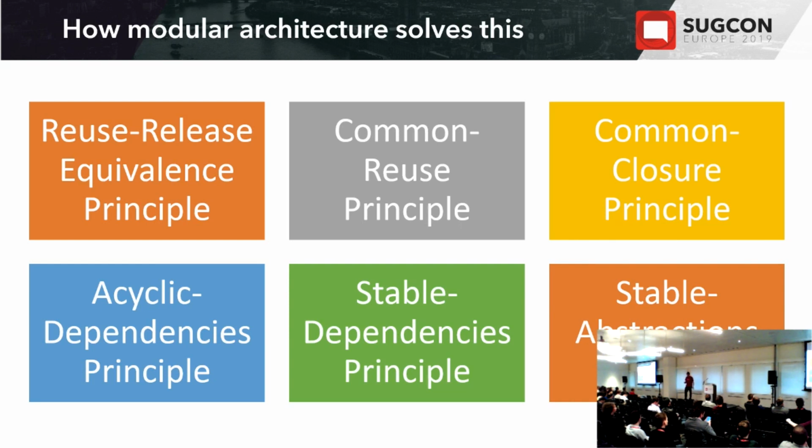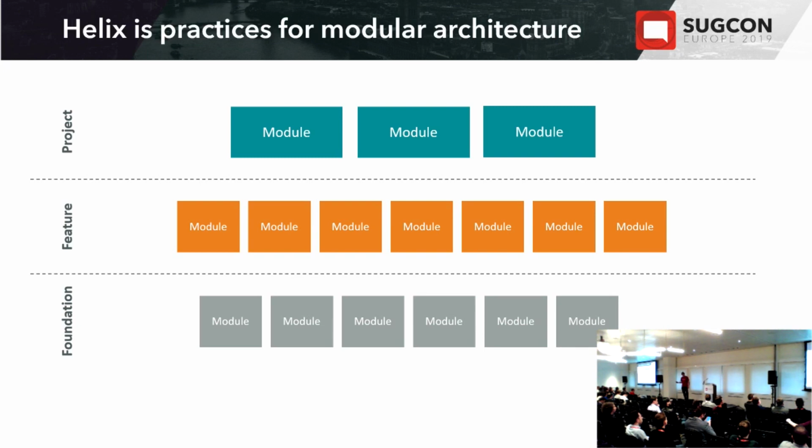I'm not going to go into these in detail right now, but we'll talk more about the principles behind Helix and the importance of them as we go here. But ultimately, Helix itself are practices that try to implement those principles.